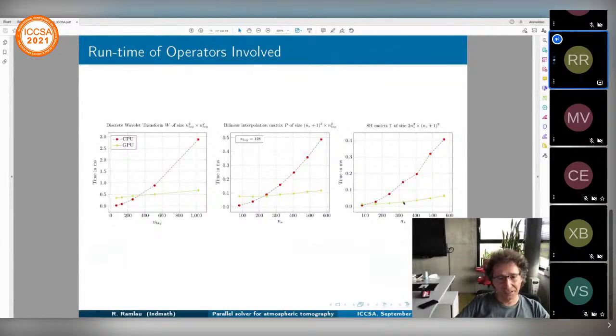And if the system is big enough, then at some point GPU beats CPU. You see, just the other way around, but always GPU beats CPU. And the point for the telescope is we are still in the area, we are around here somewhere, where the CPU is better than GPU. So for the next telescope that we are building after the ELT, GPU might be okay.